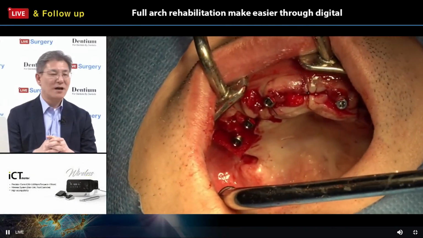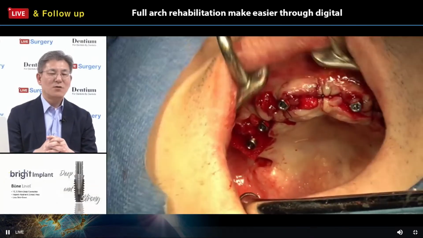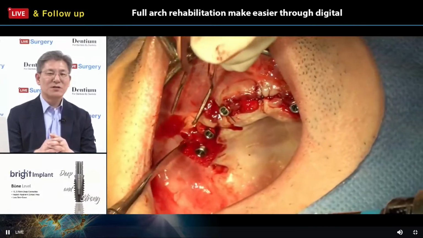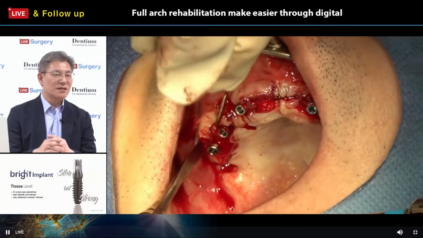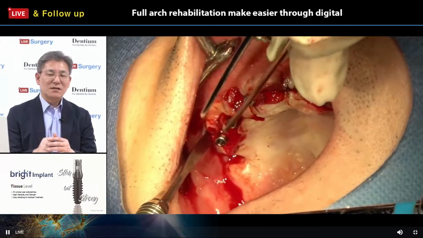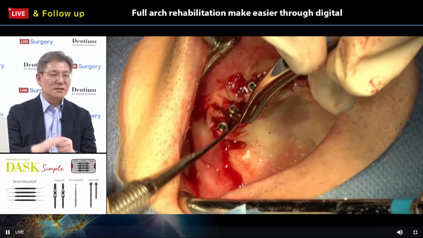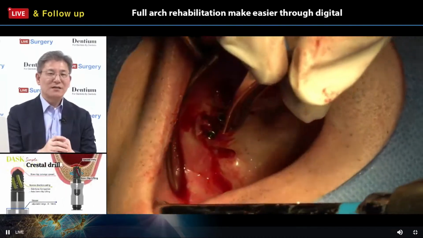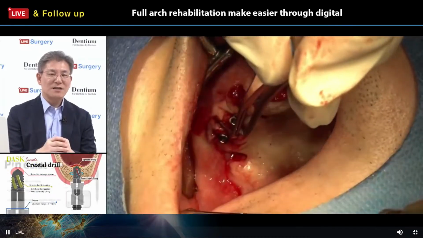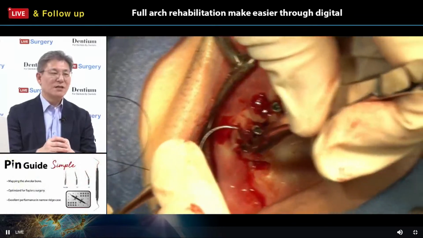Today, actually, I'm so happy because I wanted to see the proper usage of a crystal drill. This crystal drill has an adjustable stopper style, a versatile device for sinus surgery.